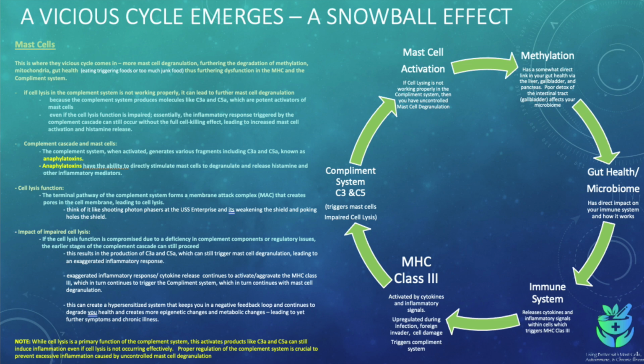Okay, so if cell lysis function is compromised due to a deficiency in a complement component or regulatory issue, so basically it is saying if you have any problems in this area that we've been discussing. So if cell lysis isn't quite working properly, a deficiency in certain complement components or regulatory issues, which can be regulated by this system here, the earlier stages of the complement cascade can still happen.